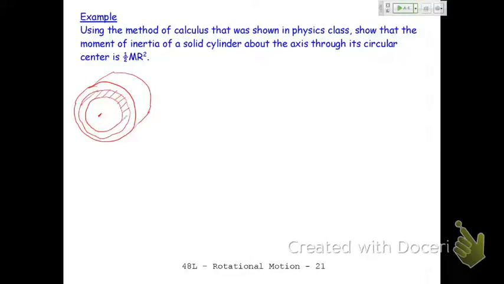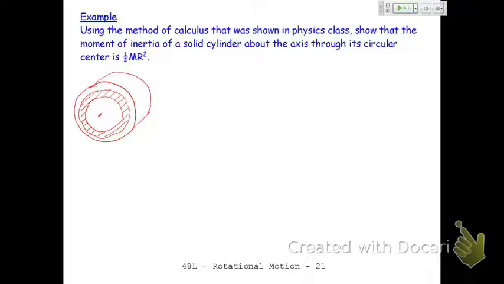It's hard to see, but I'm drawing the best I can. So it's a solid cylinder. There's the material all the way through it, and I'm imagining this sleeve, an annular ring, piece of pipe, however you want to imagine it.